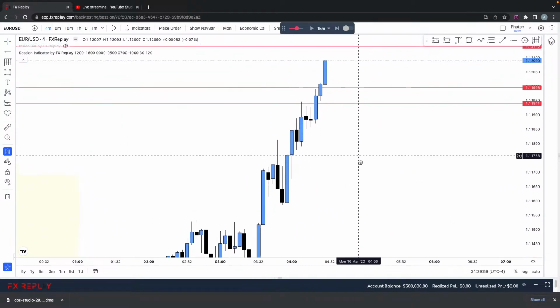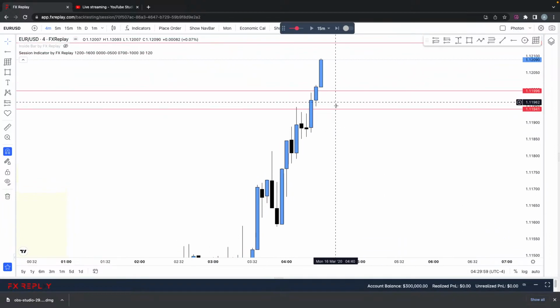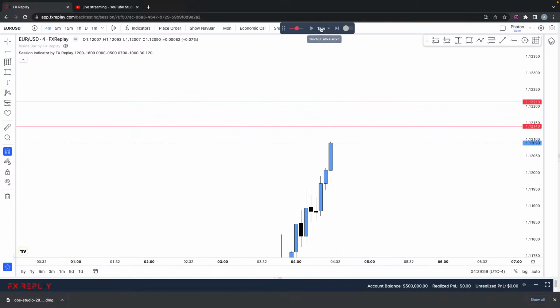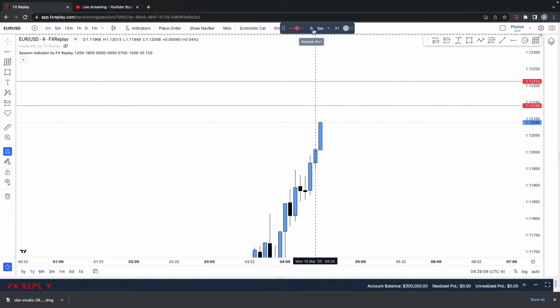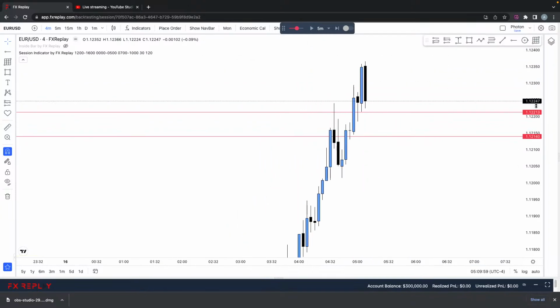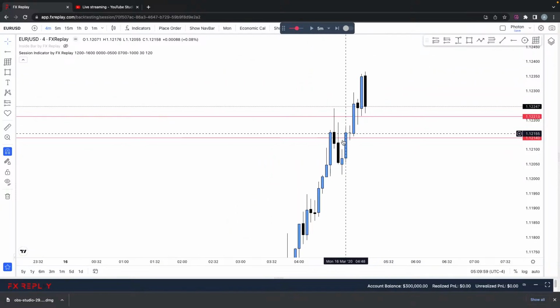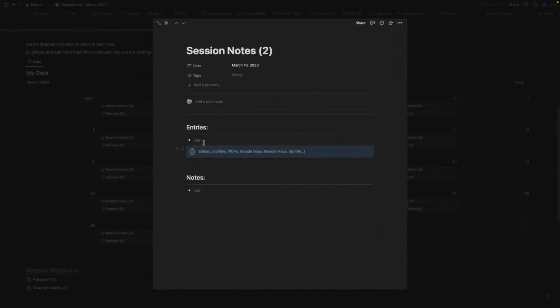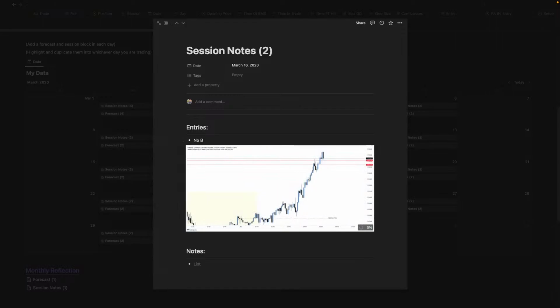Overall, just looking at this, it doesn't look like we're sweeping liquidity, it's more like pushing through it, which is agreeing with the daily bias, which was bullish anyway. So it just shows higher time frame has more power. So, okay, looking for a break of structure. Okay, and there you go, 5:08, so it ended there. No break of structure, so no trades. Just write that there, no BMS.